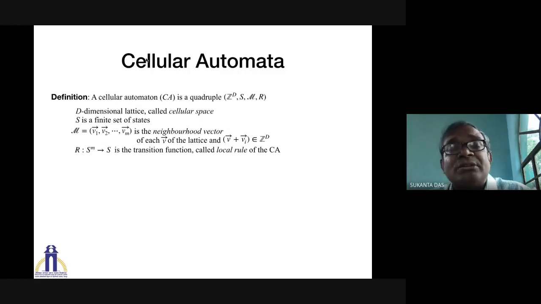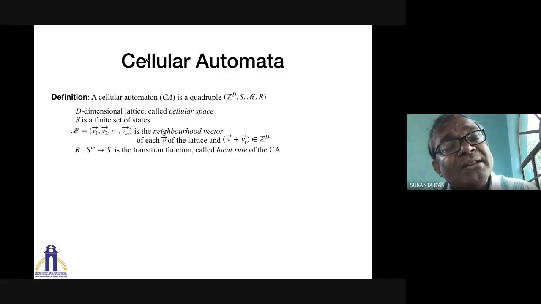This M is used to get the neighbors of a cell, for the rule or transition function, which is the next one, the R. R is from S to the power m to S, and this R is called the transition function, but in CA literature we call it the local rule, or sometimes simply the rule of the CA. And here this M is the neighbors of a cell.